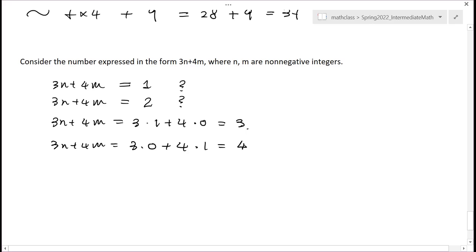In this case n equals 1, m equals 0; in that case n equals 0, m equals 1. Now, how about 5? Am I able to get a 5 using this? I don't think so. We are not able to find non-negative integers m and n.